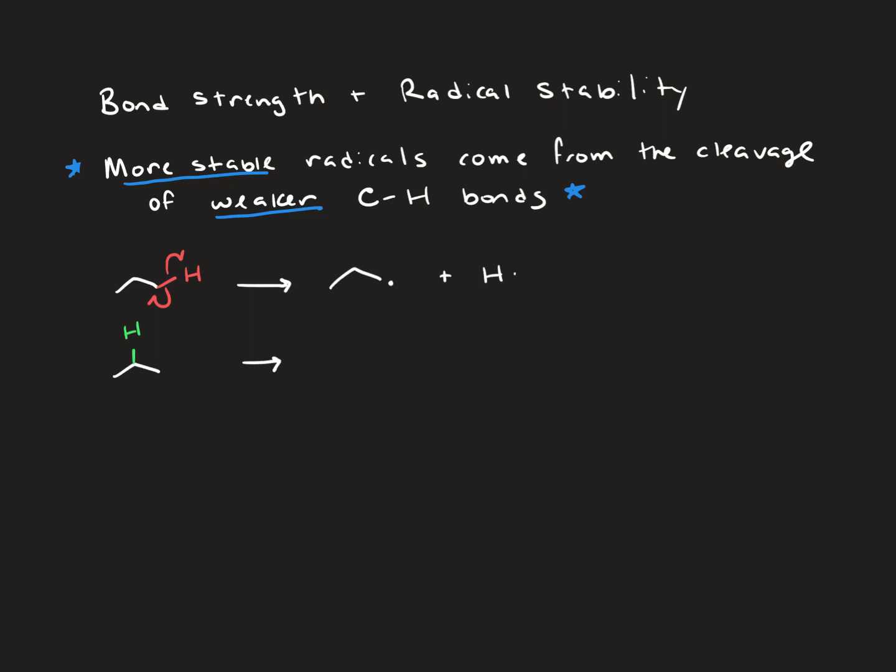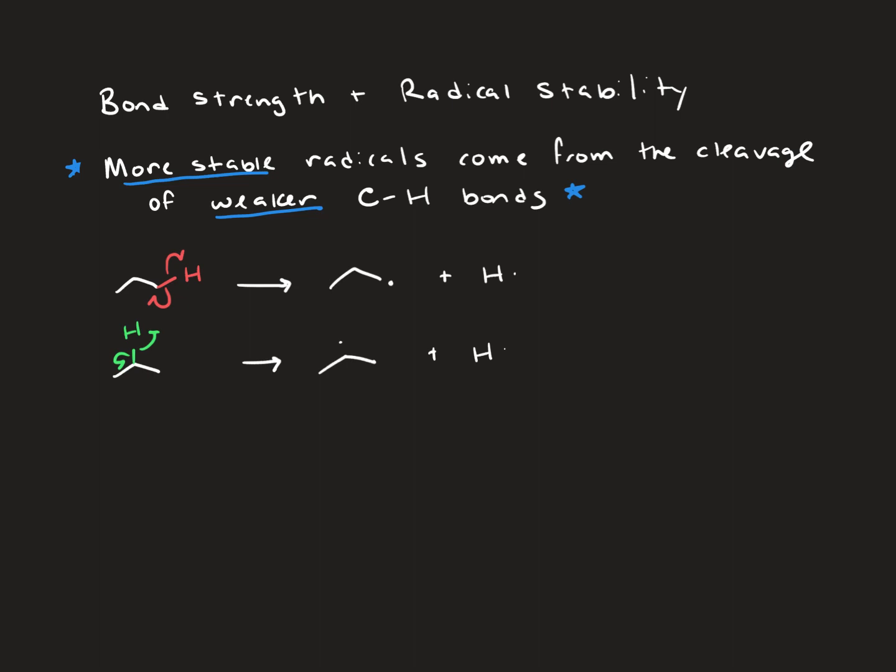That's a radical on a hydrogen. We can do the same thing here. And what we see here is that we get an isomer of what we have above, where we have now a secondary radical, and again, the same H dot.